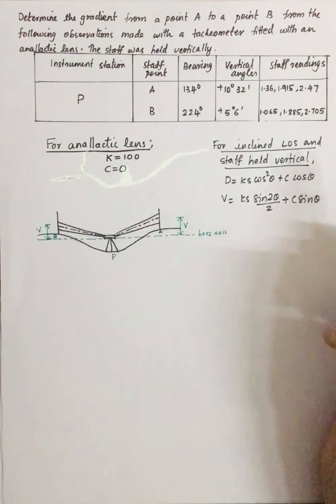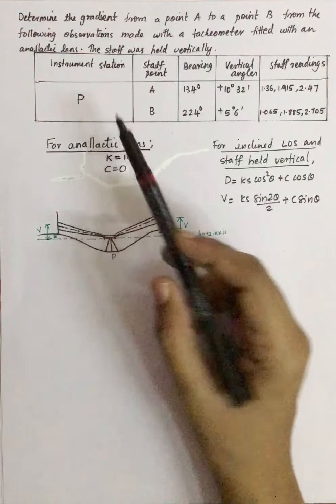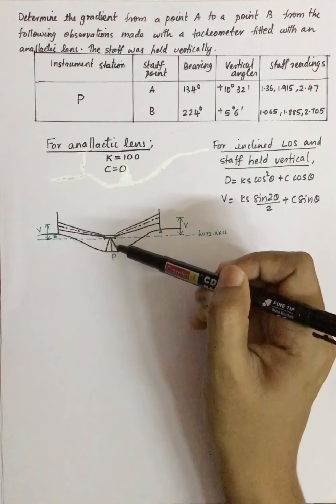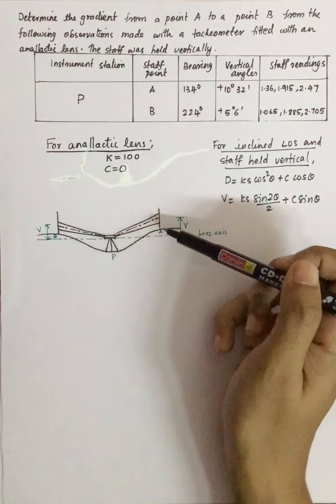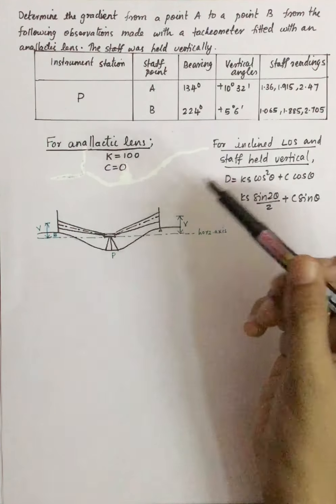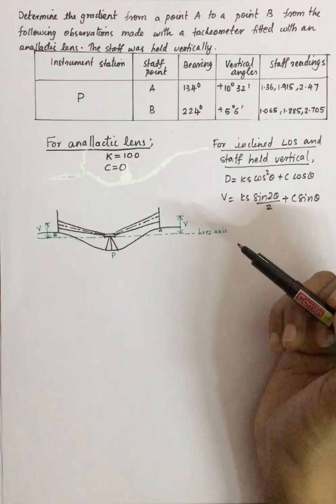Okay, now we can draw the profile using these values. We have an instrument station P. So I have drawn that there is an instrument station. We have staff point A and B. Now the vertical angle is given. For A it is 10 degree 32 minutes.